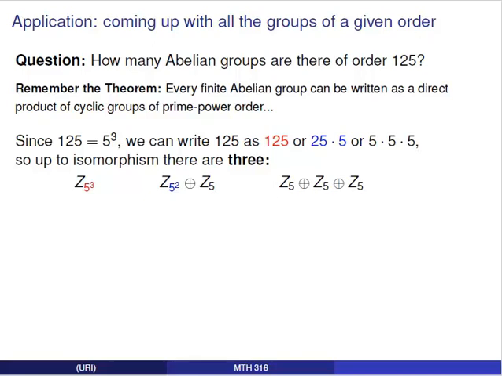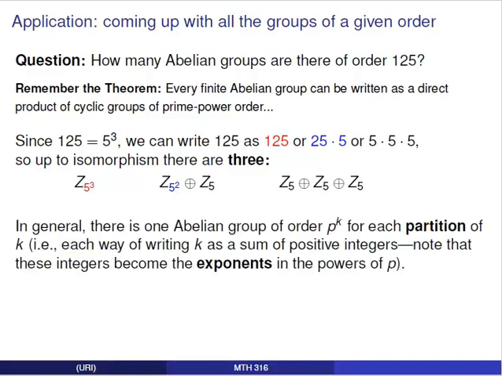Now, in general, when you have a finite abelian group of order p to the k, where p is a prime, then we will have one abelian group we can build for each partition of that exponent k. The reason why we had 3 different groups here was because there's 3 ways to take that 3 in the exponent and break it up.